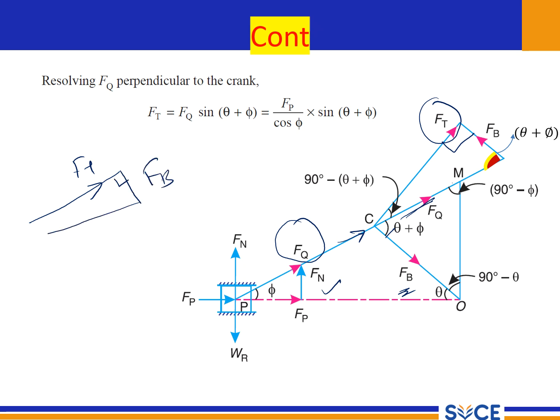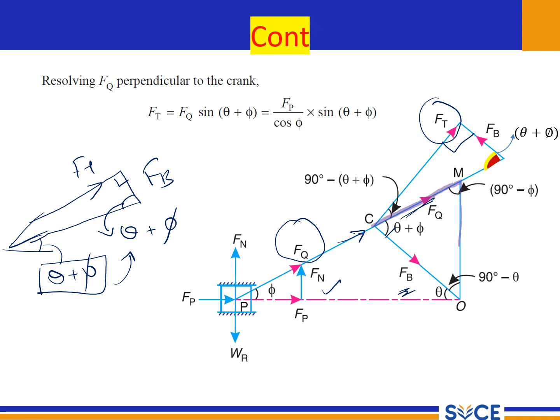So I want to know what is this angle. Actually, in the diagram it is represented as theta plus phi. If this is theta plus phi, this is also theta plus phi. We calculated this, then we move on to this. Now let's see the triangle on this side.